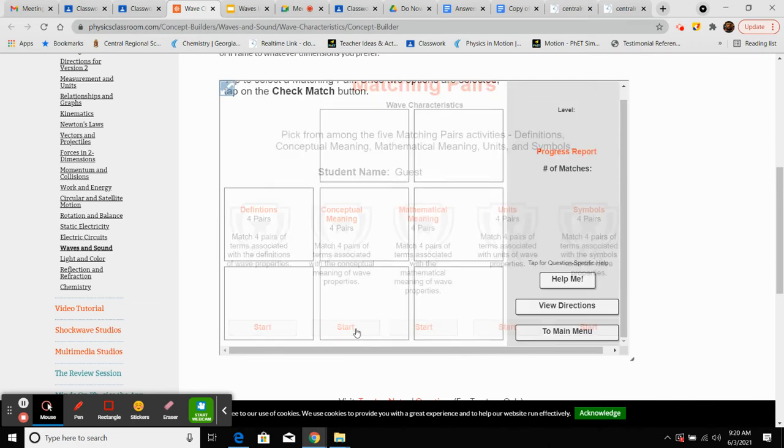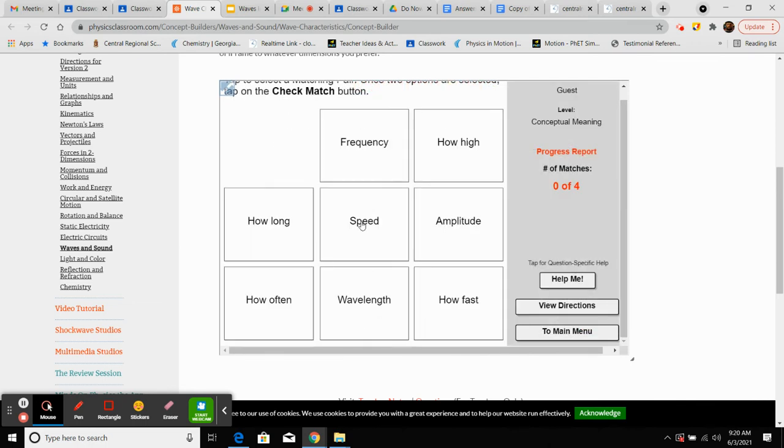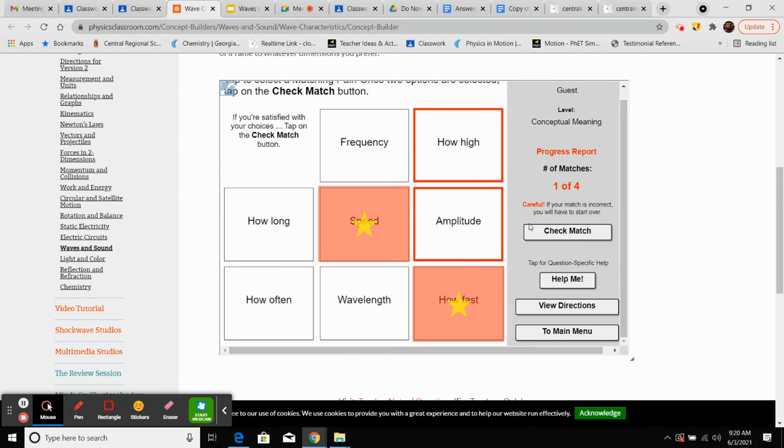All right. Conceptual meanings. Speed would be what? Good. What about amplitude? How high? Good. How high?